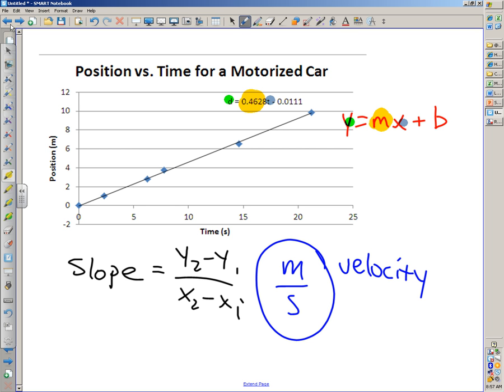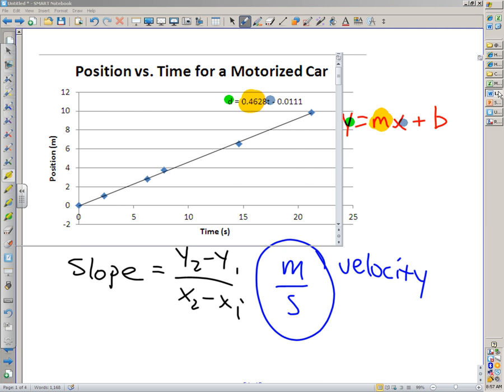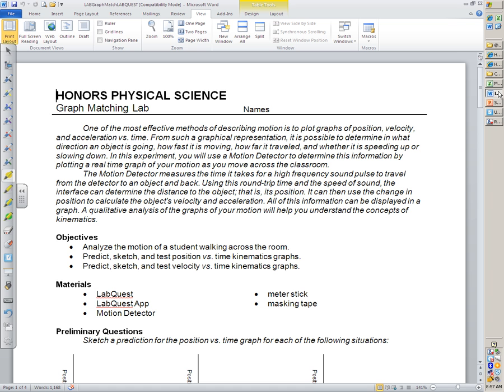You ready to apply some knowledge? All right. Here's your lab that you picked up on the tray when you walked in today.